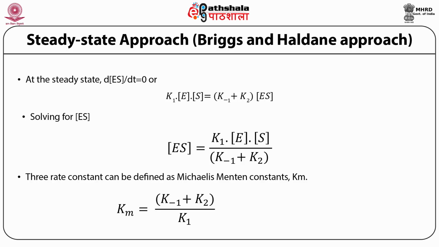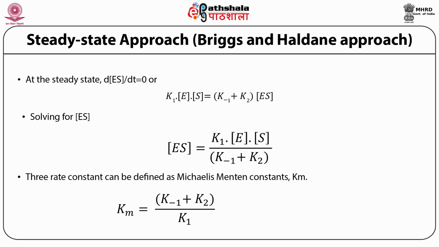The reason is, when you are saying we don't have any product formation in equilibrium theory, that means you can ignore K plus 2. But when you are saying there is a product formation in the steady state theory, then you cannot ignore the reversibility of the ES complex, because no reaction has 100% efficiency.